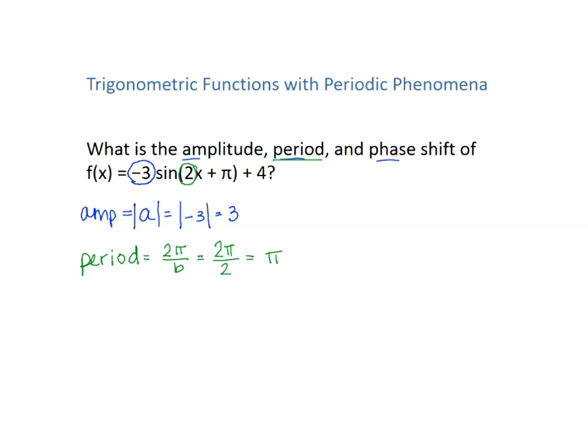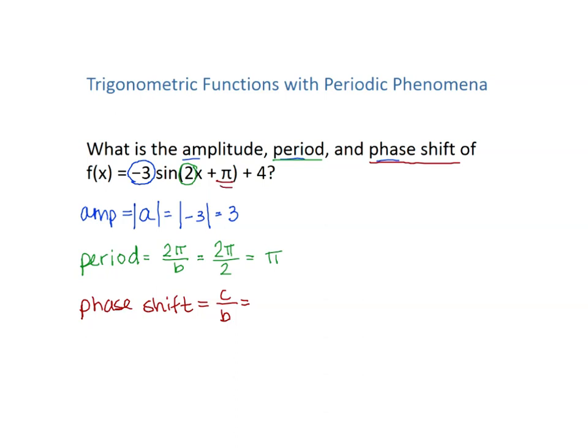All right, next is the phase shift. And for the phase shift, it's another very short formula. It's C over B. So that means, remember I told you we're going to use both C and B?